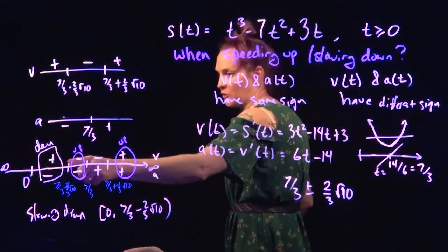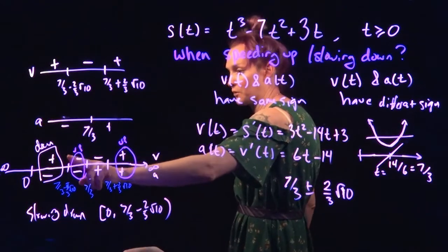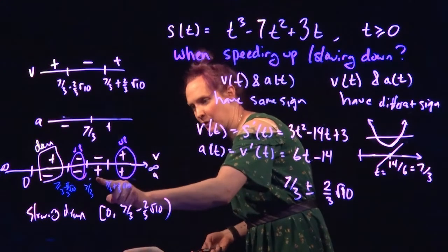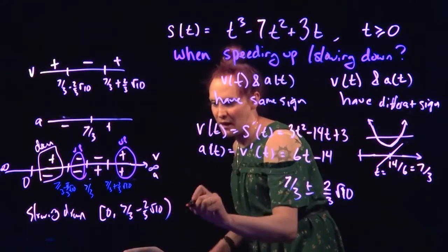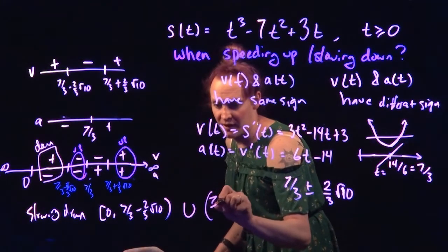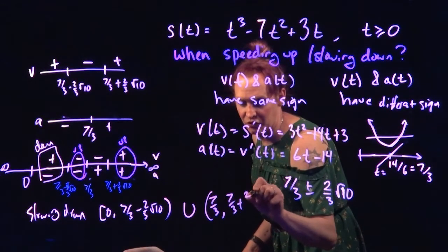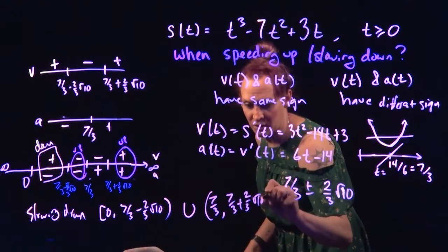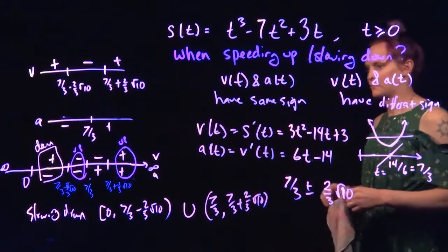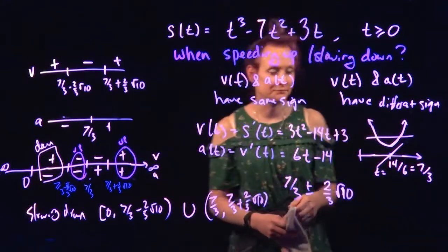When it is locally standing still and doing nothing, it's neither speeding up nor slowing down at these transition points. And then again, for this interval, from 7/3 to 7/3 plus 2/3 of root 10. And then it's speeding up in the other two intervals.